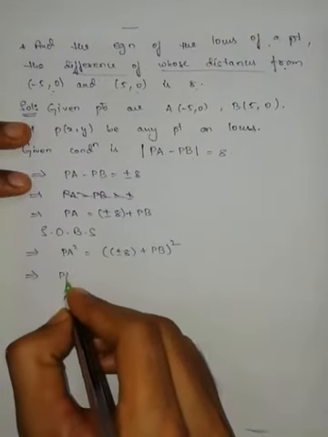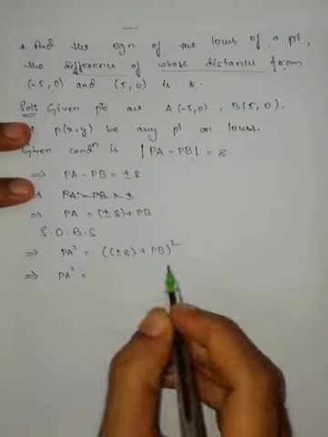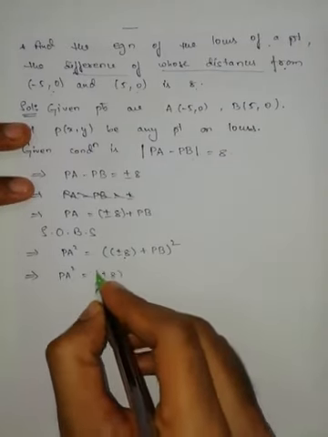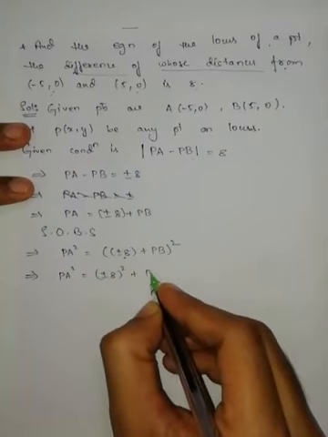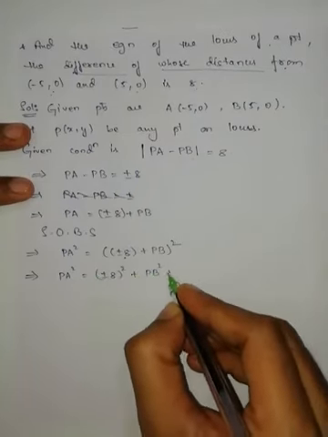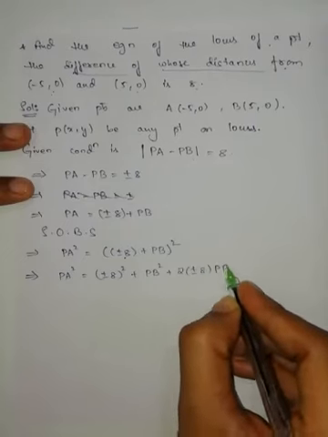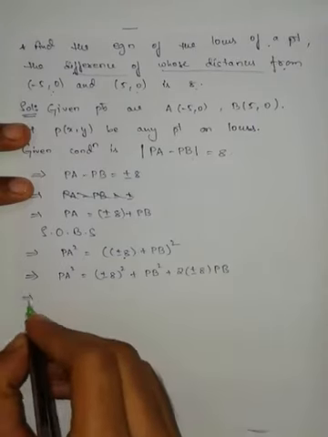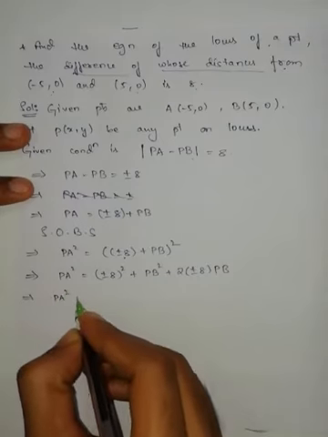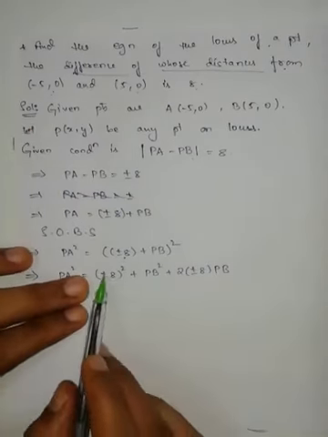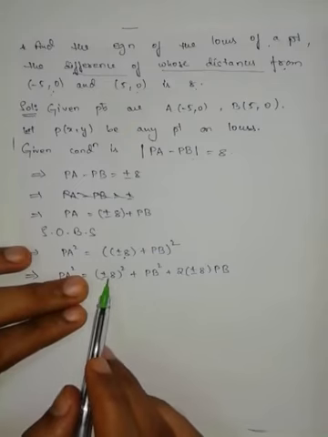Now PA square is in the form of A plus B whole square: A square plus B square plus 2AB. So PA square is plus or minus 8 whole square plus PB square plus or minus 2 into 8 into PB.